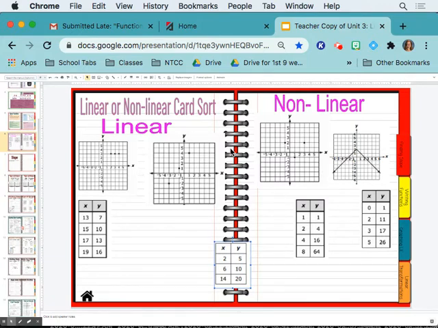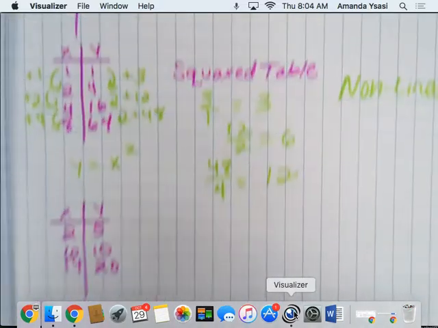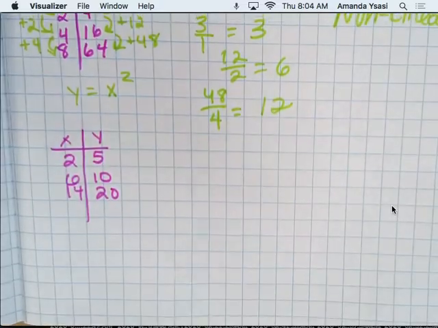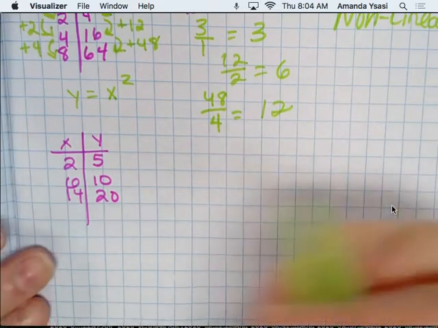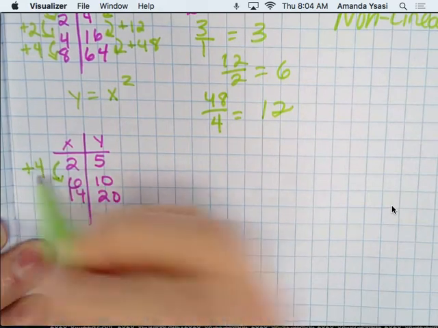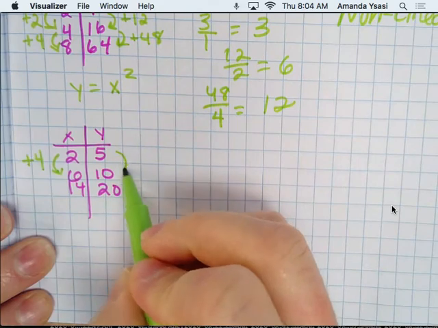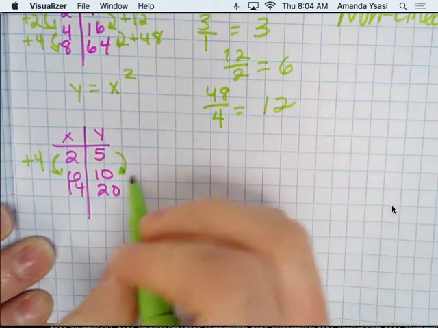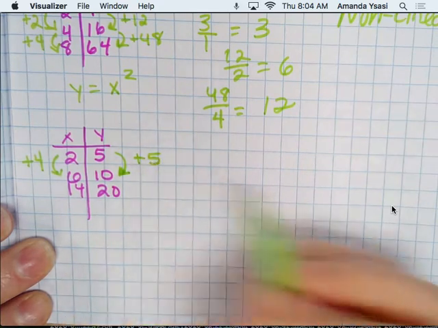2, 5, 6, 10, 14, 20. So to go from 2 to 6, plus 4. For linear, we're always looking for the addition or subtraction. 5 to 10, plus 5.